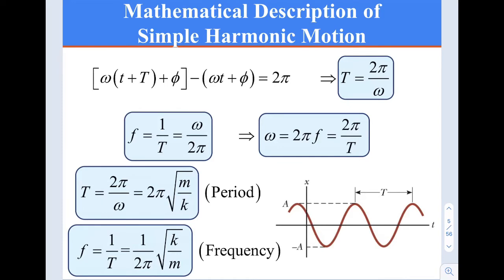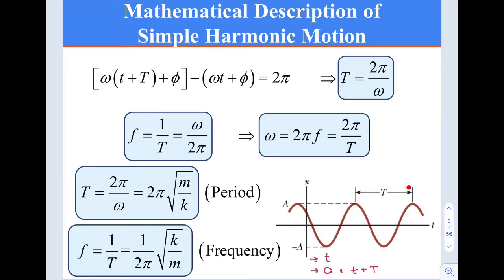So whenever it has already moved one complete cycle, initially it has t. Then after one complete cycle, this is the first step. Second, after one complete cycle, the t right now is already t plus capital T, because for one complete cycle, the time taken is capital T or period. Alright, because the phase increases, for one complete cycle, how big is the phase or the angle covered by the object in motion?